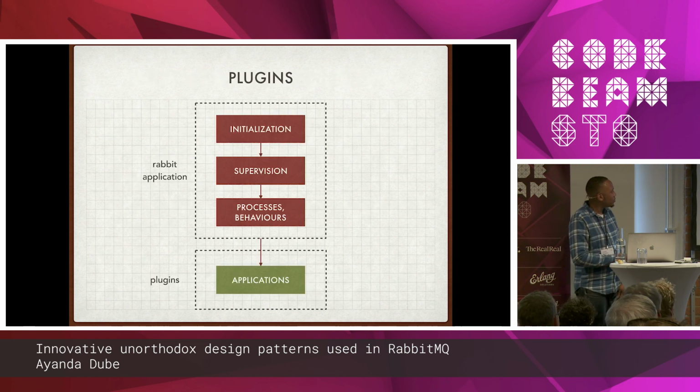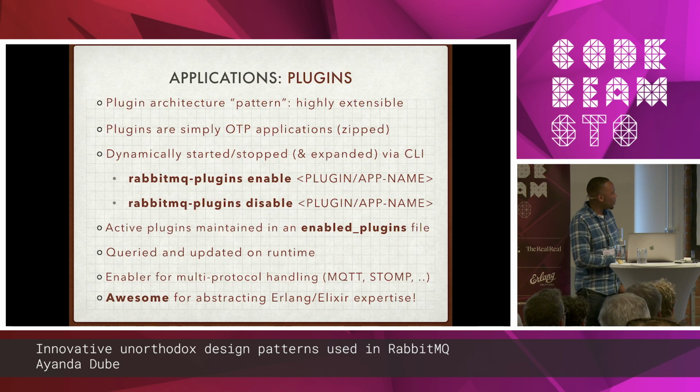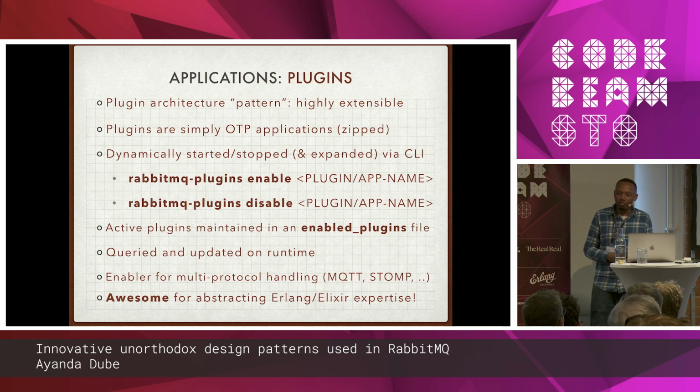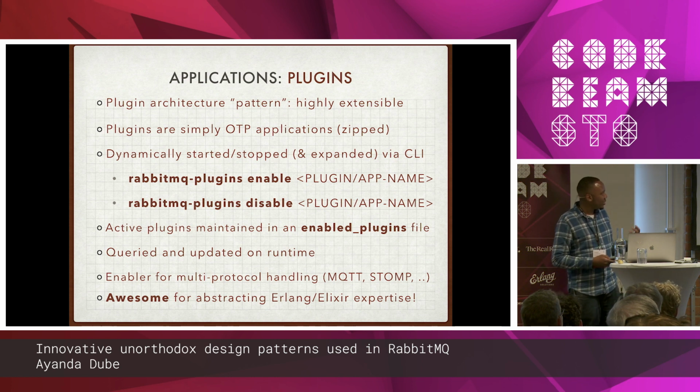And then, yeah, one more thing, plugins. Just a quick overview. I think the plugin architecture in Rabbit is very useful if you're building an application which is going to be exposed to users who are not really into Erlang, but just want to operate your application.